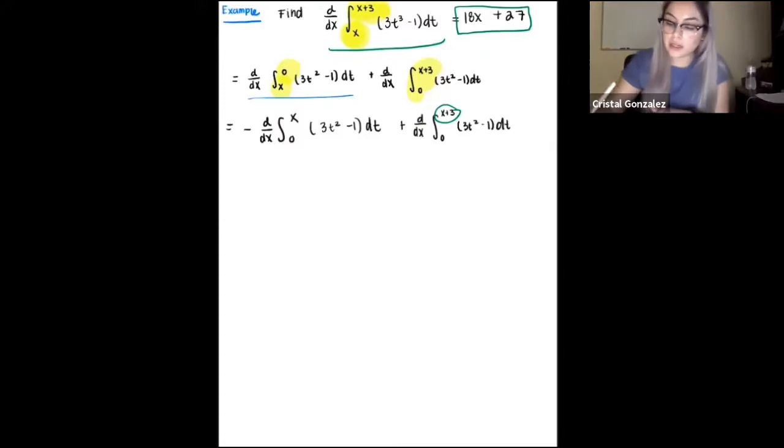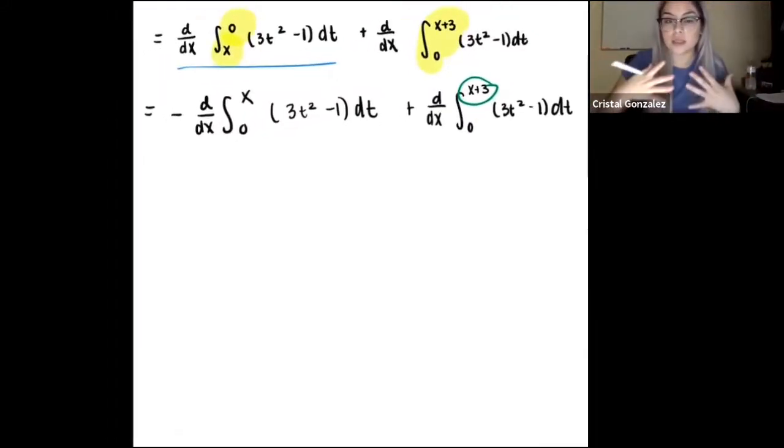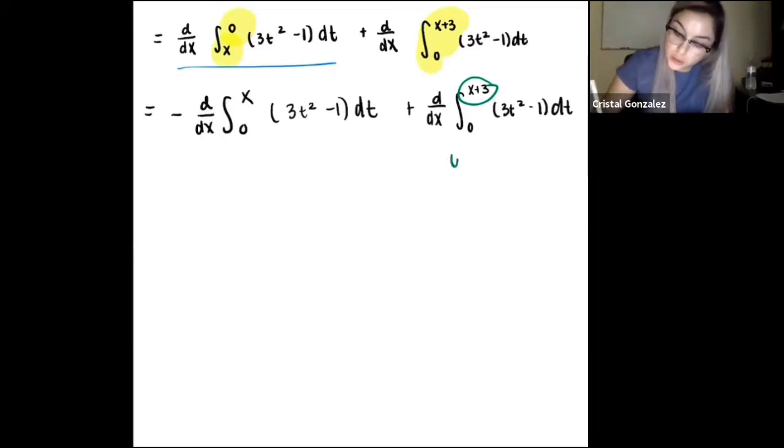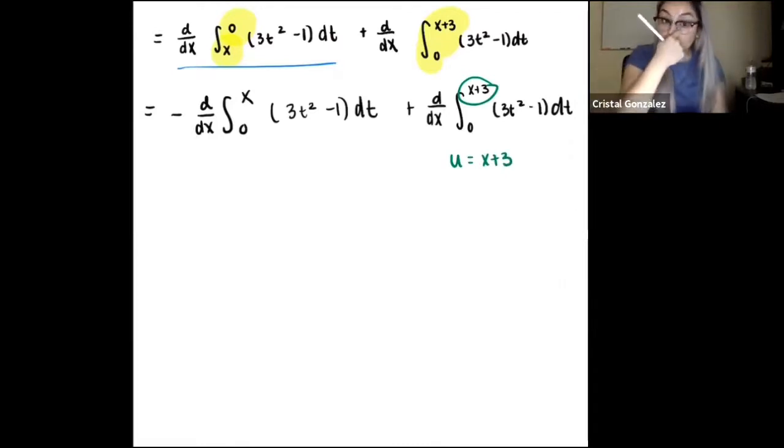I want to get in a good habit, because u substitution is coming up, and I just want to keep practicing substituting in u's. So I'm going to let u equal x plus 3. That means that when we take the derivative, du/dx of this function, we're just going to get 1.